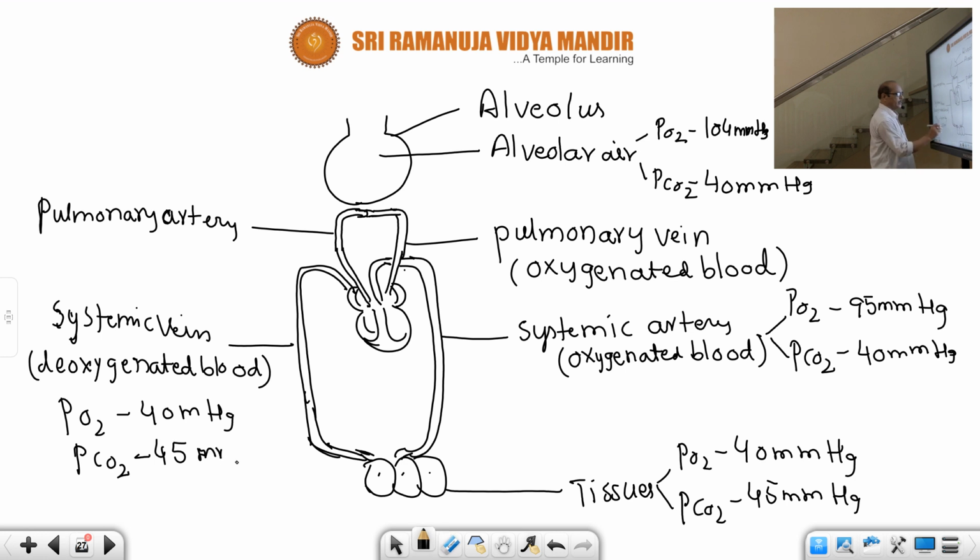The tissues are the same, PO2 40 mm and PCO2 45 mm mercury. This is the reason why exchange of gases takes place, due to the pressure gradients in different areas. This is pressure gradient. Left side is pure blood, oxygenated blood. Right side, the pulmonary artery also carries deoxygenated blood.